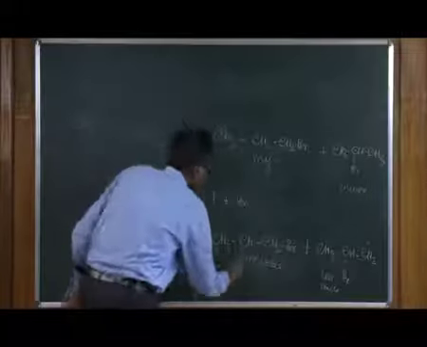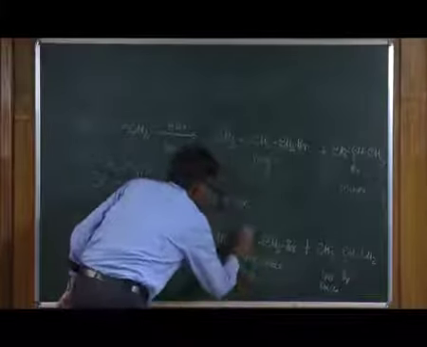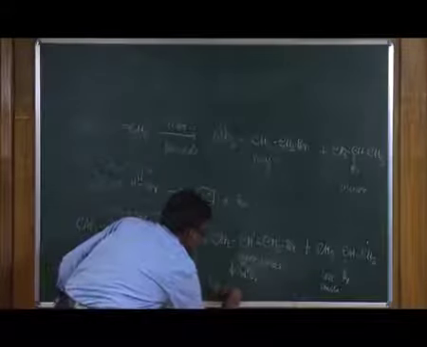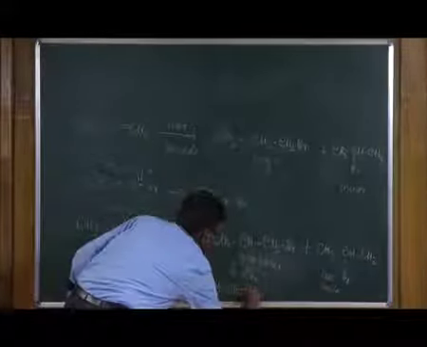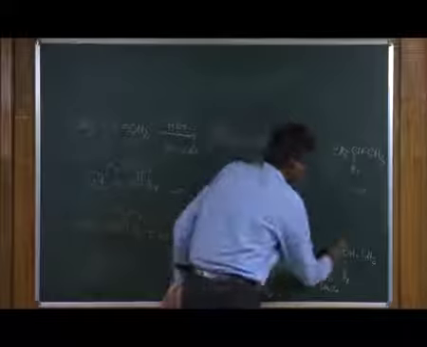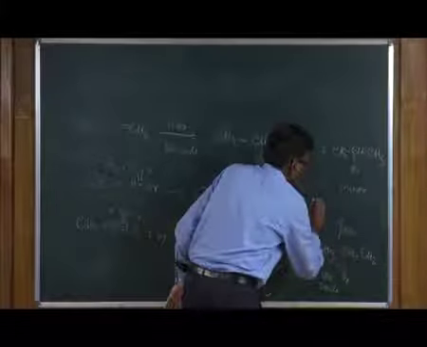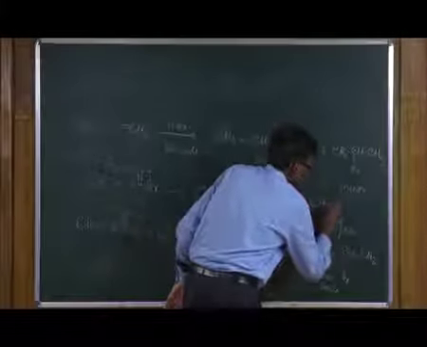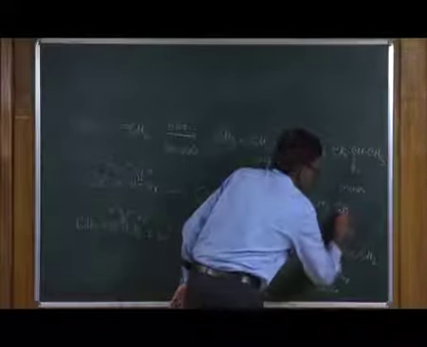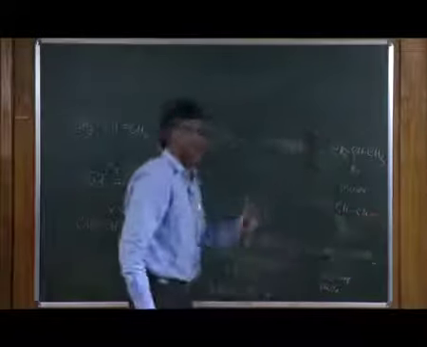Once you form this radical, it can react with another HBr. It can abstract the hydrogen atom, so you will get the primary alkyl halide. Similarly, this one can react with HBr and abstract the hydrogen atom, and in this case you will get the secondary alkyl halide.